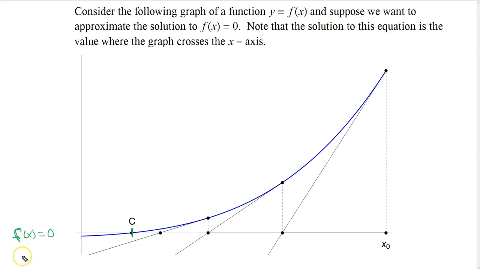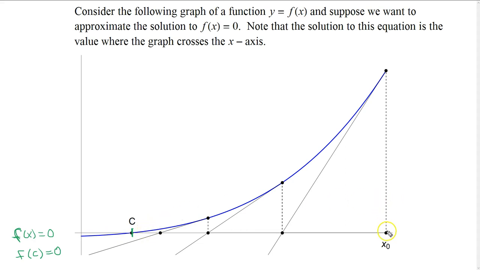So in other words, f of the number c is exactly equal to 0. And we want to find c. So what we'll do is this. In Newton's method, you start with a number that is close to c. So you can somehow approximate c. Perhaps you know that f of 5 is positive and f of 4 is negative, so your solution would be somewhere in between 4 and 5.